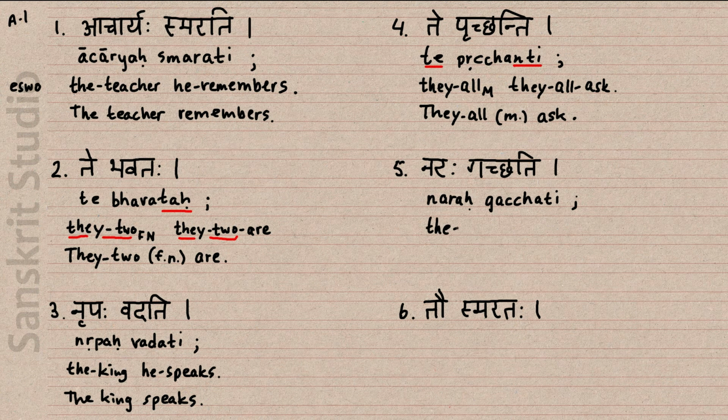So the man, the nara, the man, he goes. And in English, the man goes. All right, number 6, tau smarataha.